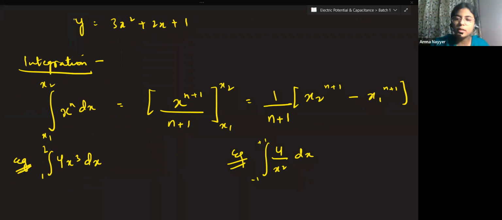Yes, so these two are the examples. So all those who have written it down, just try those questions and send me your answer. This is a very easy one.